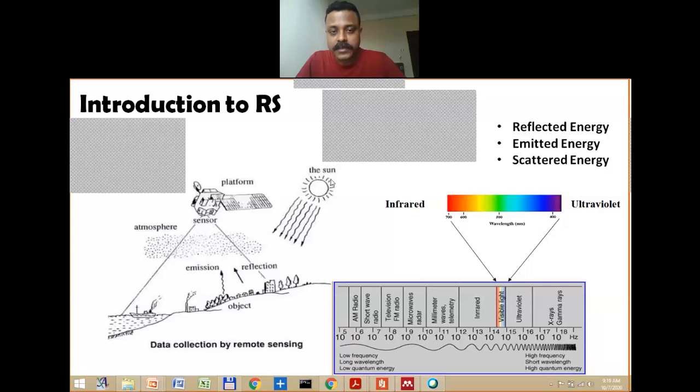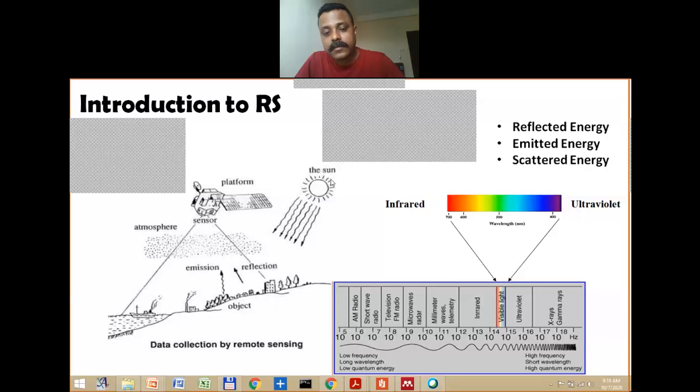surface of the earth. In the whole process, the sun is used as the primary source of energy. It means for this kind of remote sensing, we have to rely entirely on the incoming radiation from the sun.